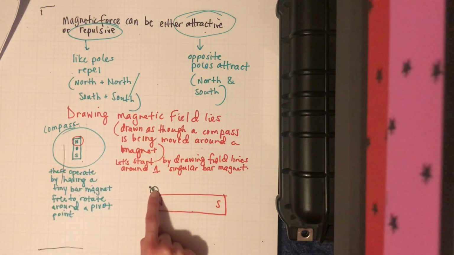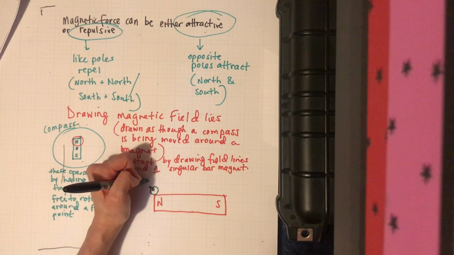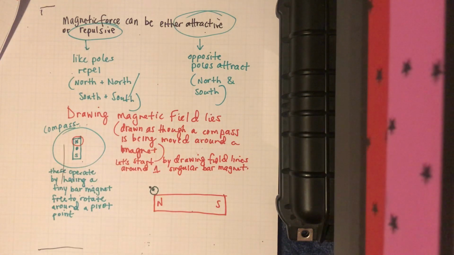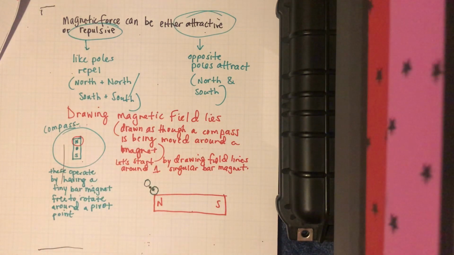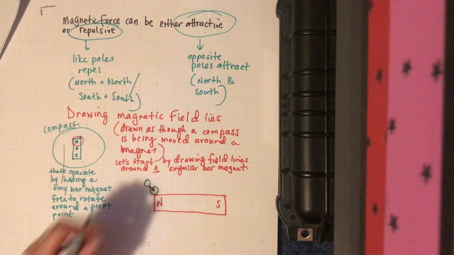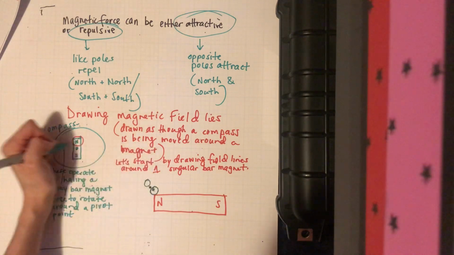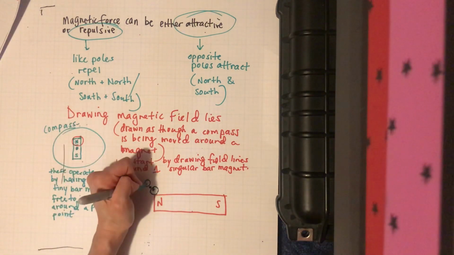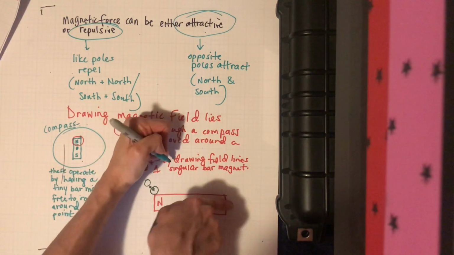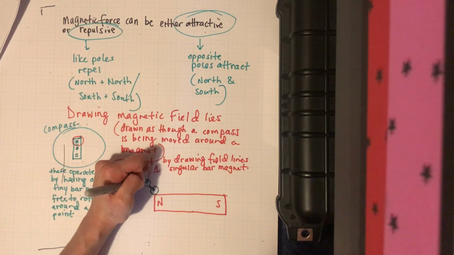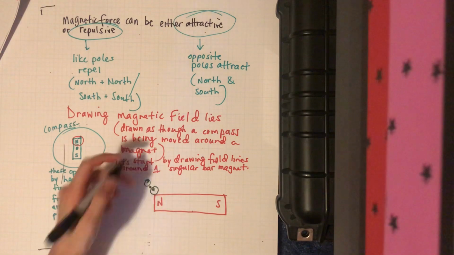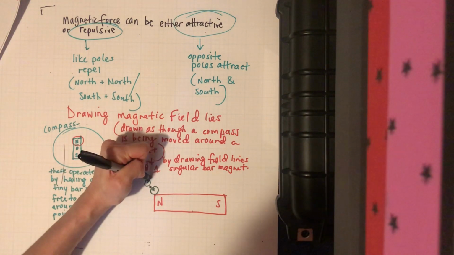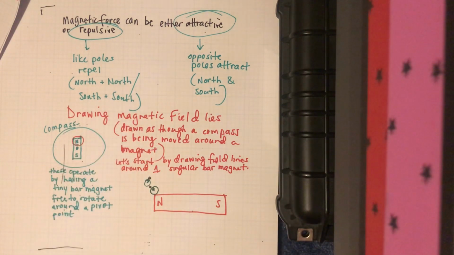Now, if we were to move this compass to this point, right over here, what's going to happen is our needle is going to start to deflect with north pointing towards the South Pole. So it's going to start to attract to the South Pole. So I'm going to draw another point where north on our compass would be attracting to.